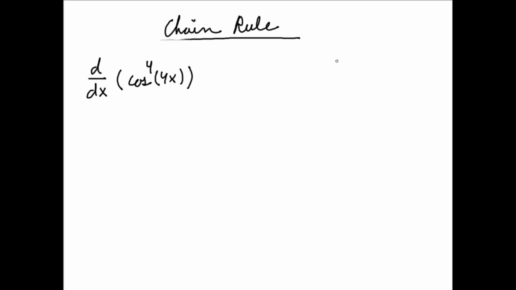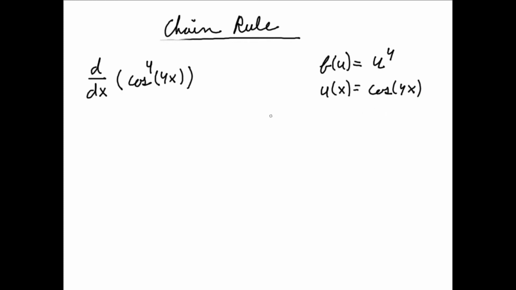This is actually really similar to the last problem that we did. Once again, we have an outside function, f of u, and just like last time, our f of u is the same. We have u to the 4th, and then we have an inside function, u of x, which is going to be cosine of 4x.